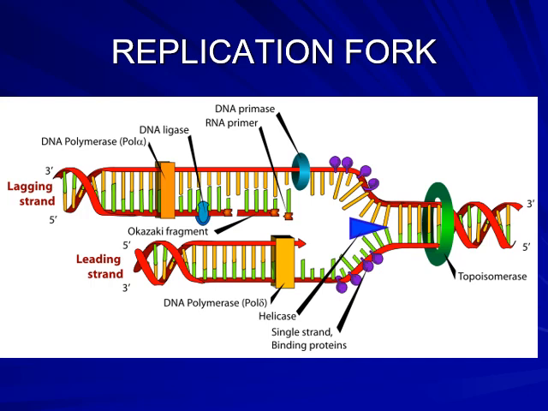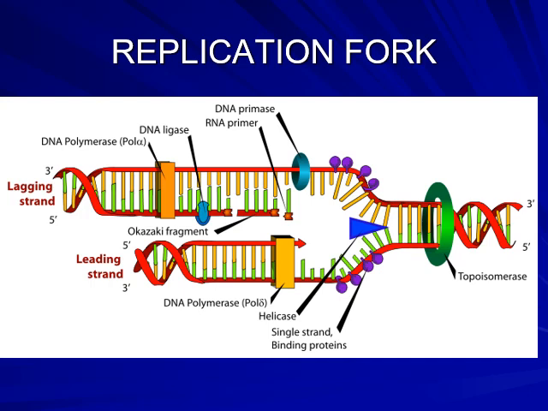So these are the events which are occurring at the replication fork. You have strand separation. The two strands are being forced to separate by means of the DNA helicase. Any torsional stress is removed by the topoisomerases. Once the two strands are separated, the single strand binding protein will then bind and keep the two strands separate.